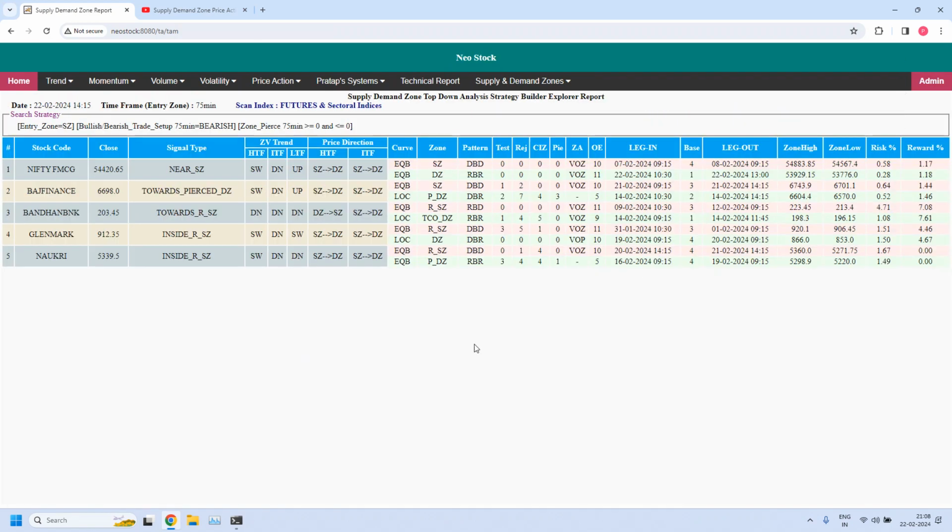Now let's filter. These 5 stocks are filtered, and all these stocks are moving towards the supply zone. Few stocks are inside the supply zone.